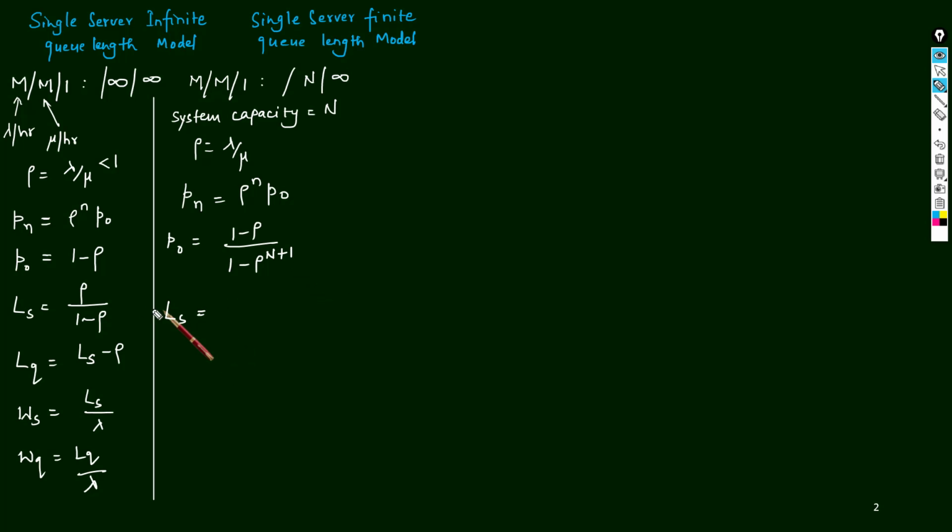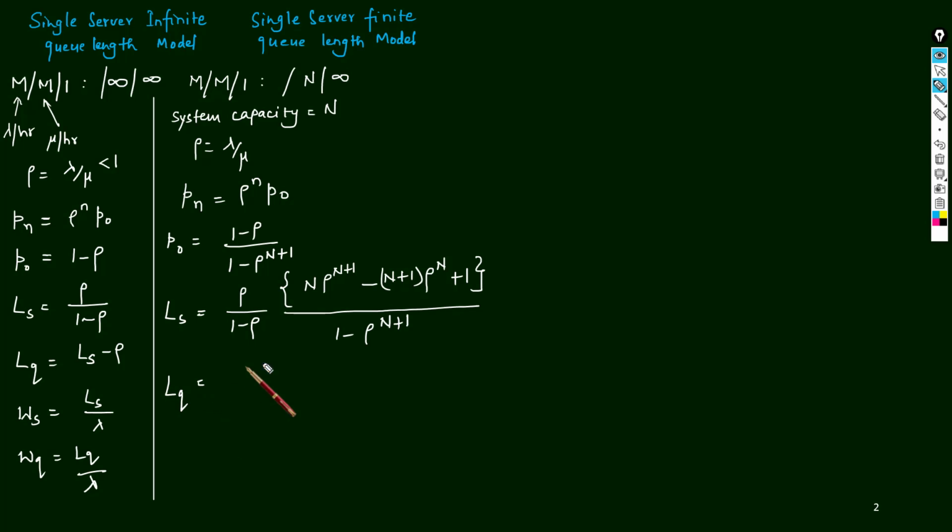What is Ls? Ls is equal to rho by 1 minus rho, with an extra term: minus (N plus 1) into rho to the power N plus 1 divided by 1 minus rho to the power N plus 1.